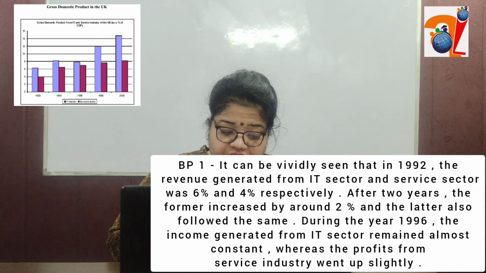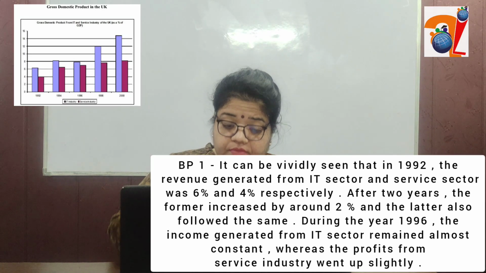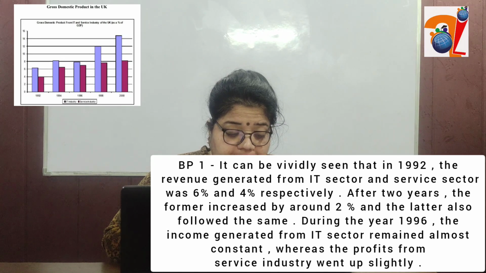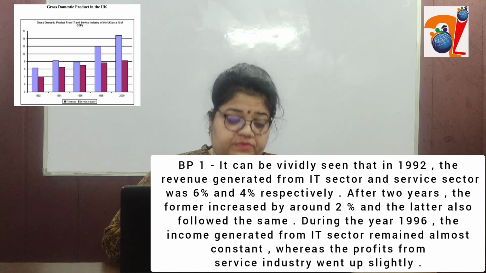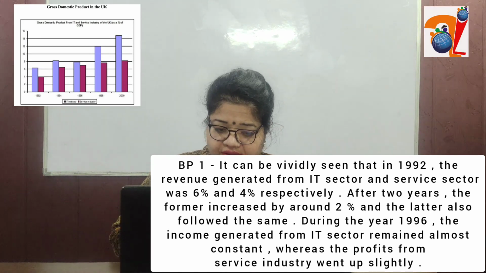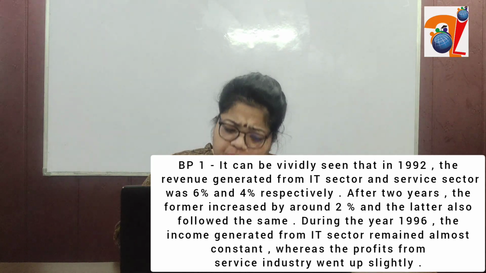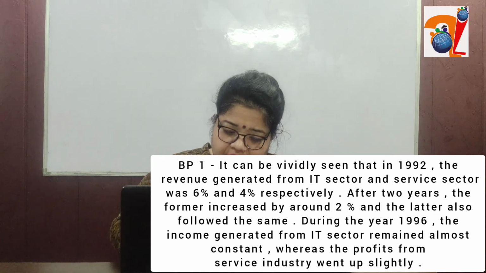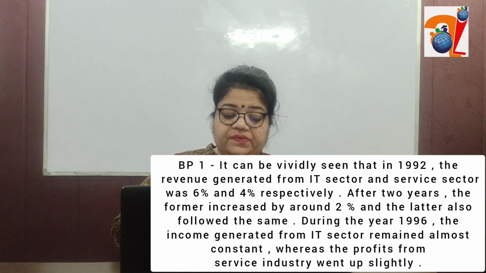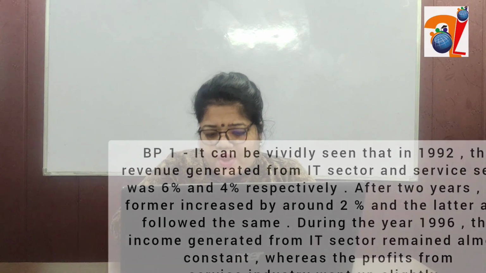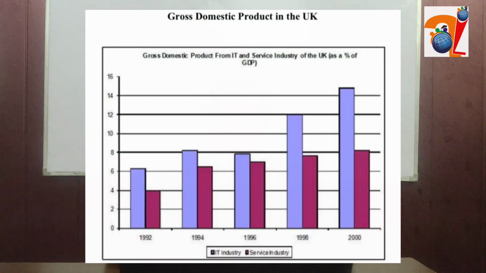See, how does it remain constant? See, from 6 to 8 it has reached, and it is almost the same. So that is why we have written almost constant. Whereas the profits from service industry went up slightly. See, in 1994 and 1996, the profits remained almost the same.